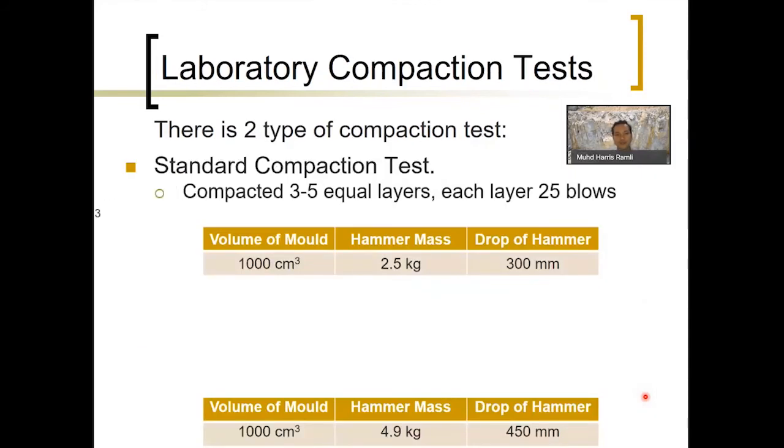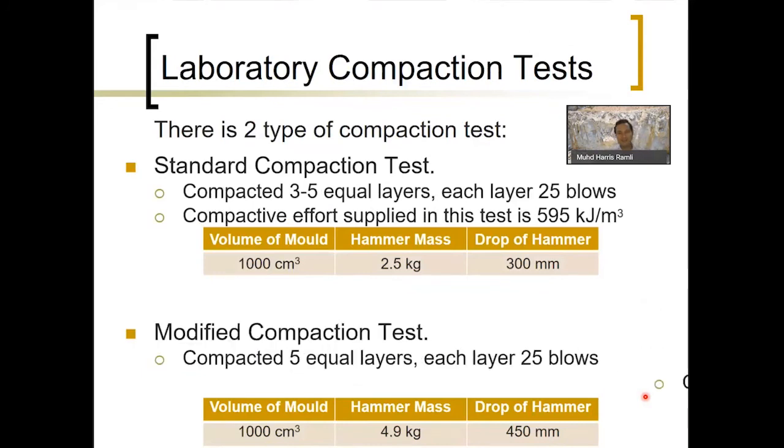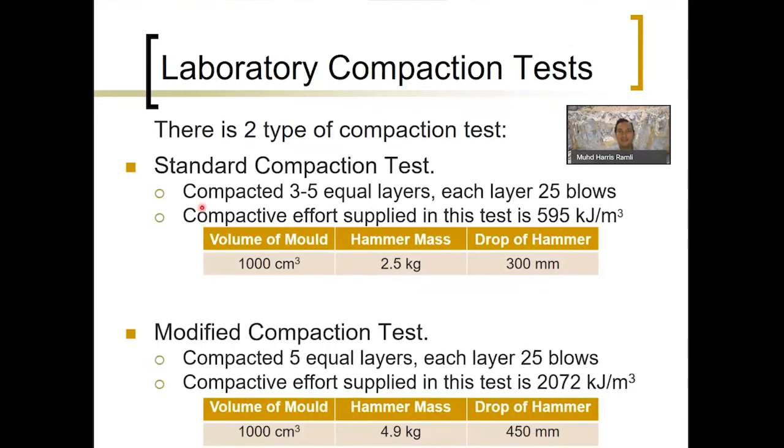As I mentioned before, we have two types of compaction tests. The first one is the standard compaction test. It is compacted in 3 to 5 equal layers, each layer with 25 blows, and the compactive effort supplied in this test is about 595 kilojoules per cubic meter. Then you have the mass of the hammer and the drop height.